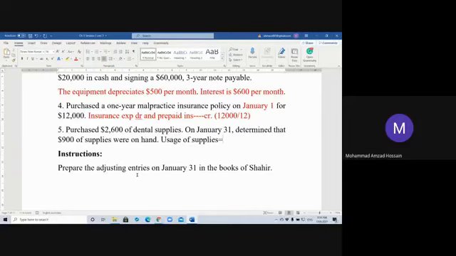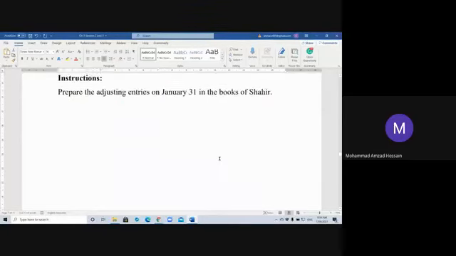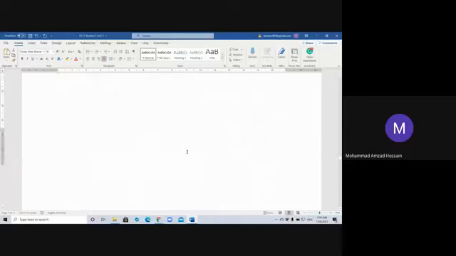So what is the usage? 2,600 minus 900. So for this amount, we have to put a journal, adjusting it as it has been used during the accounting period. So it is the expense. You have to recognize the expense in the accounting period in which it is incurred.